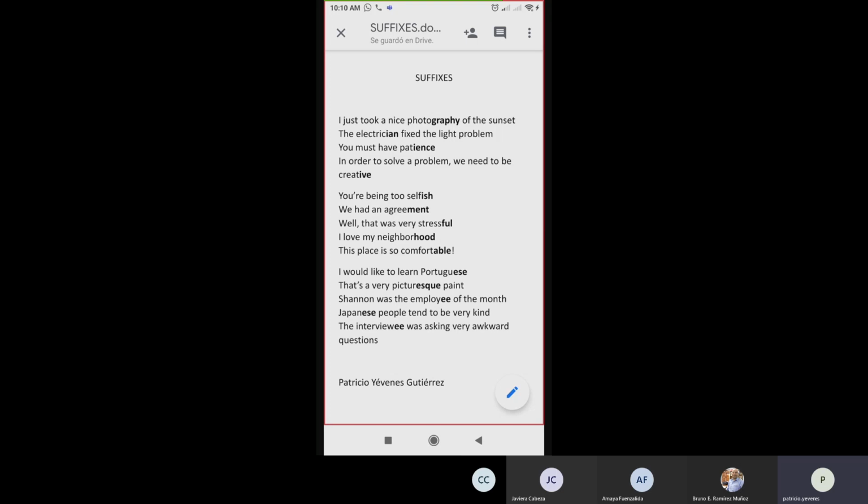So the first example will be, I just took a nice photography of the sunset, and the suffix used is graphy, photography. The second one will be, the electrician fixed the light problem, where the suffix is ian, electrician. And, you must have patience, I don't know how to say that. And well, the suffix is right there. And the last, in order to solve a problem, we need to be creative. So the suffix is in the last word.